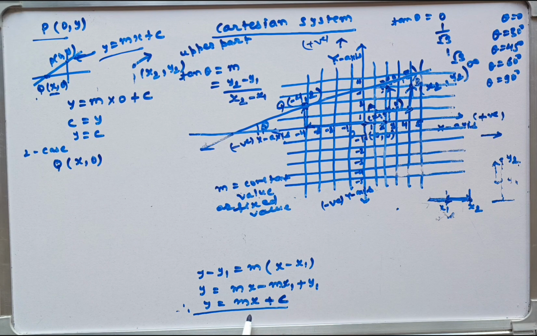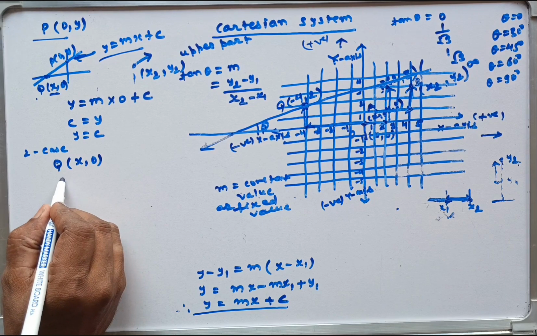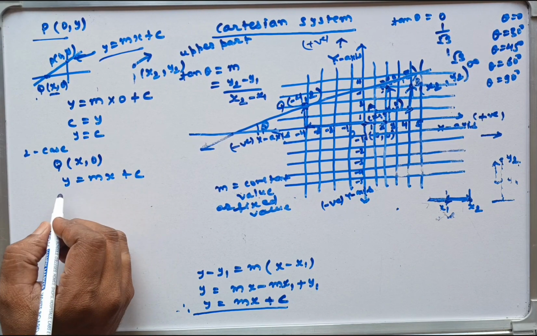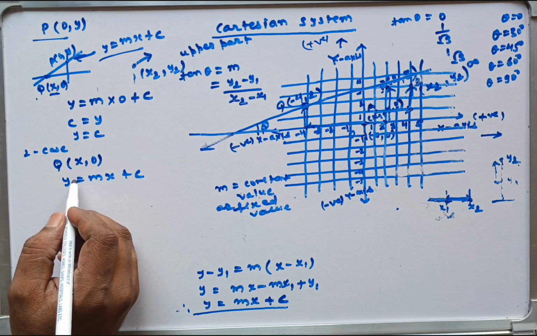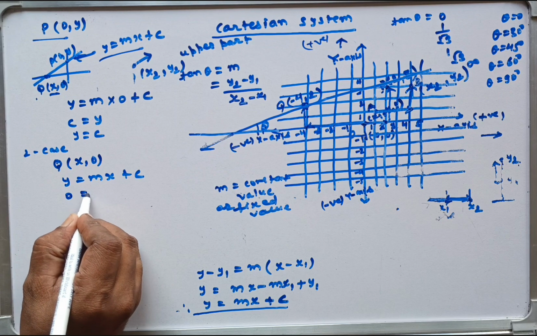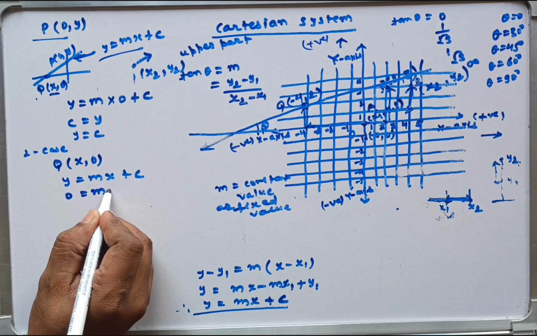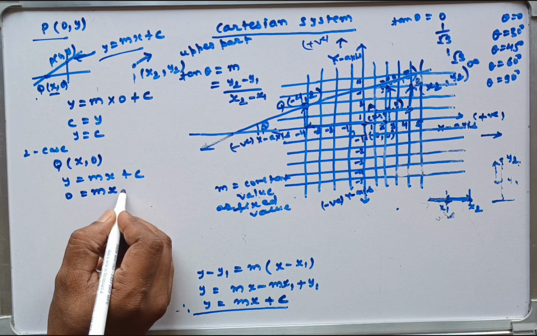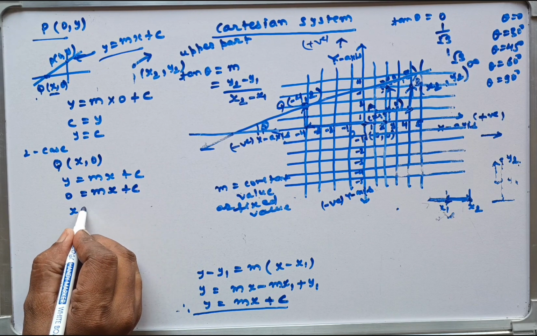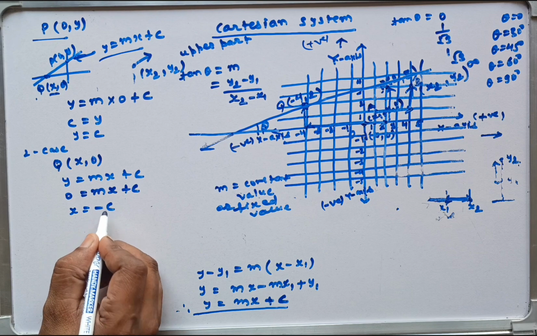So if we put the value there, y equal to mx plus c, in this case y equal to 0, so 0 equals m into x plus c. So guys, x will come out as minus c by m.